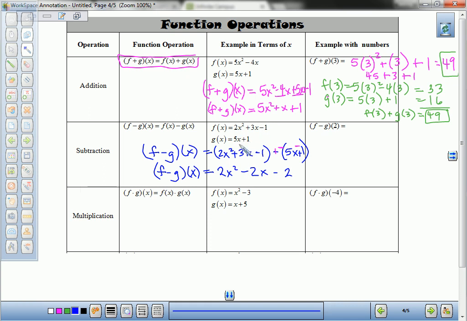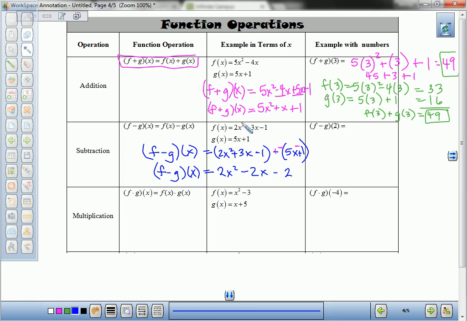Different quadratic, same linear. So our domain for both the individual functions and the difference in those is still going to be the same, negative infinity, positive infinity, because that's the domain of a quadratic and it's also the domain of a linear. So now we're asked to evaluate this difference for a given value.